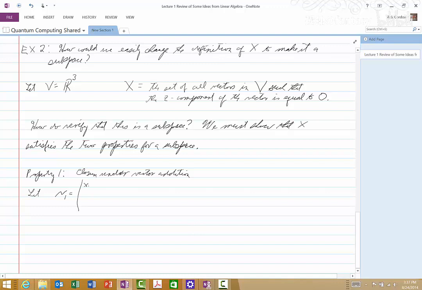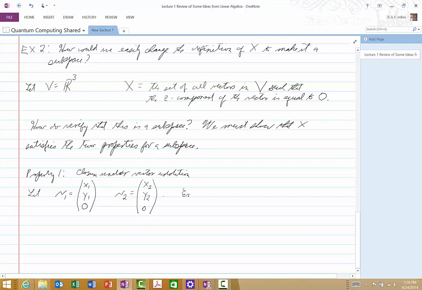I'll say x1, y1, and since V1 is going to be in X, the third component must be 0. So I'll let V1 be equal to (x1, y1, 0), and V2 is equal to (x2, y2, 0).